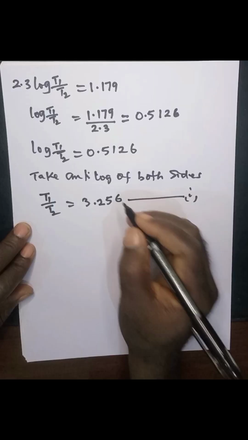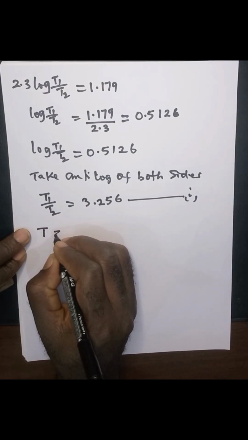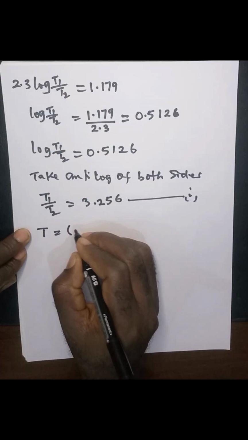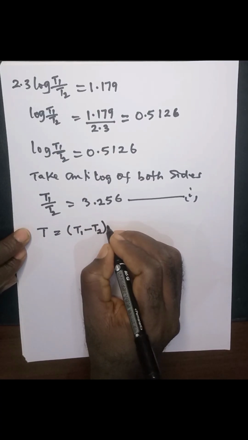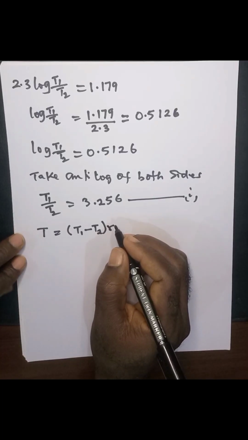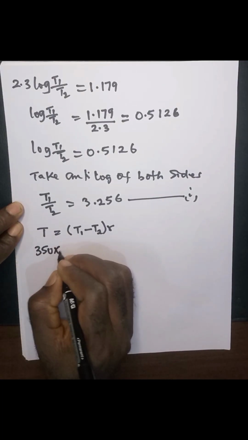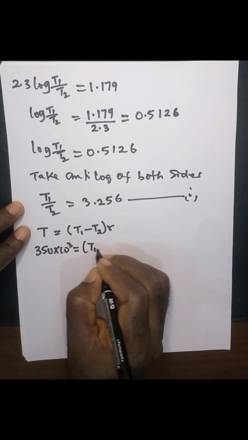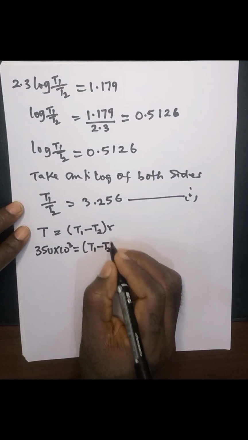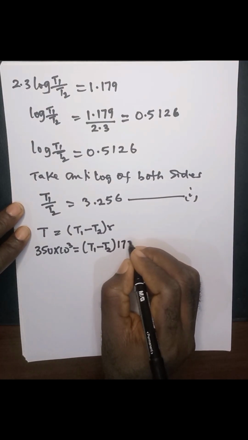Then we know that the braking torque T is equal to T1 minus T2 multiplied by the radius of the drum. From here, when we substitute, we have 350 times 10 raised to power 3 is equal to T1 minus T2 multiplied by the radius of the drum, which is equal to 175.